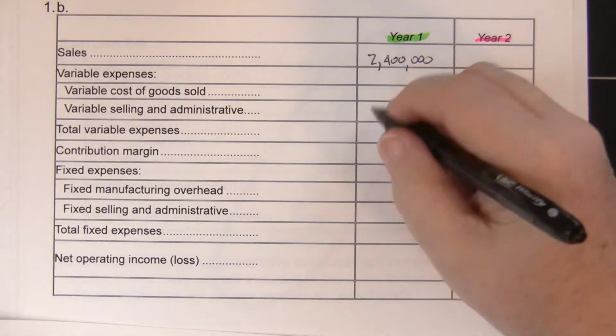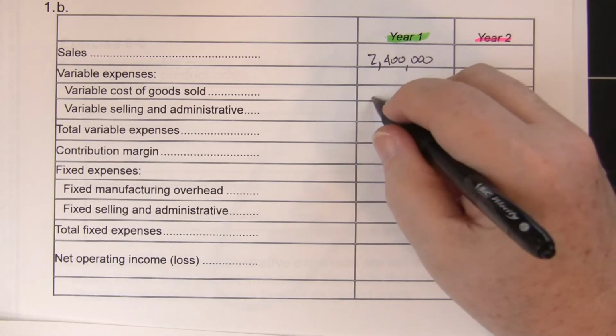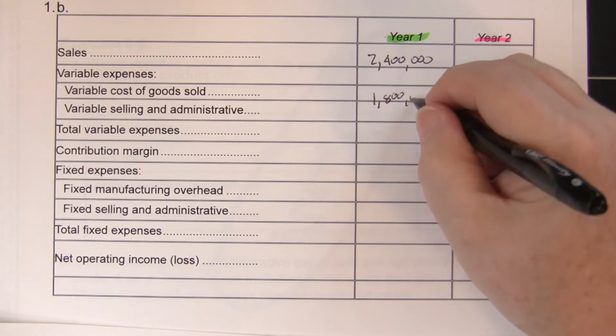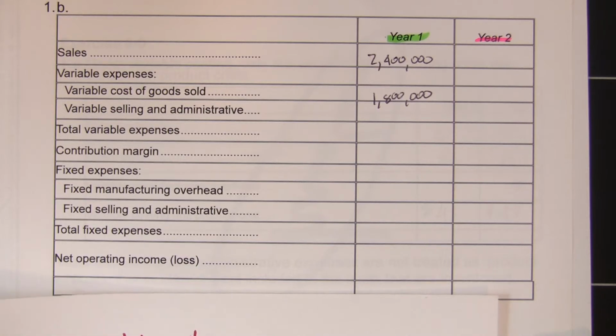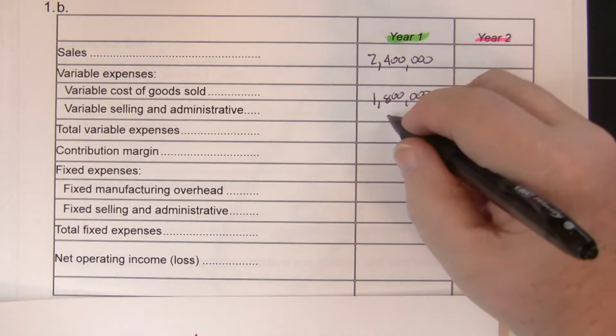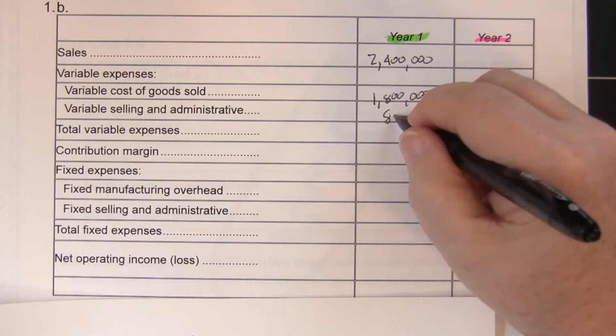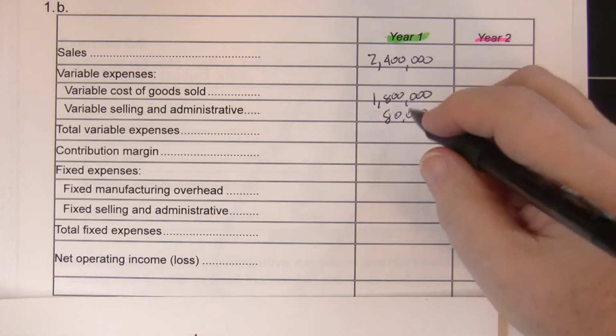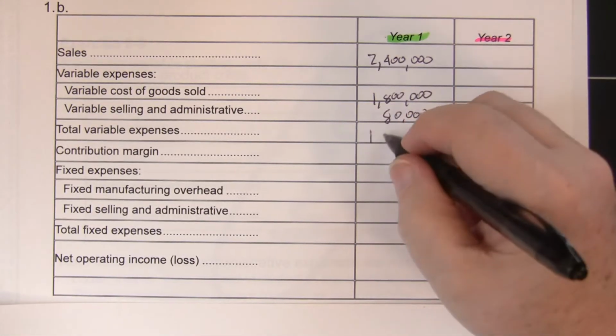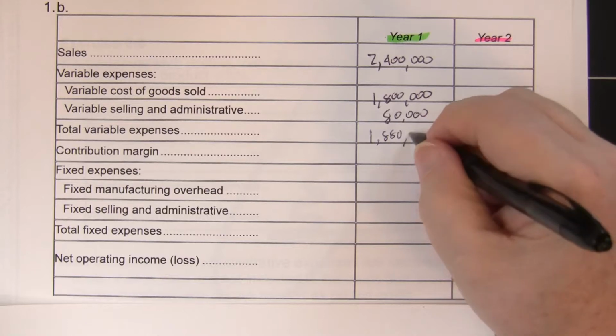So that's 1,800,000. And if you think I'm working these numbers out in my head, you're crazy. I did this before I started filming. And the variable selling and administrative, 40,000 units, $2 per unit, 80,000. So the total variable expenses, 1,880,000.